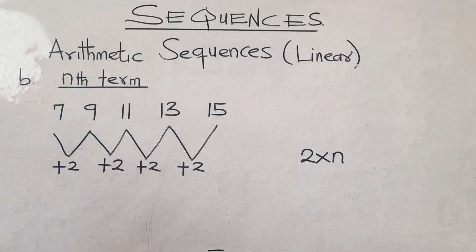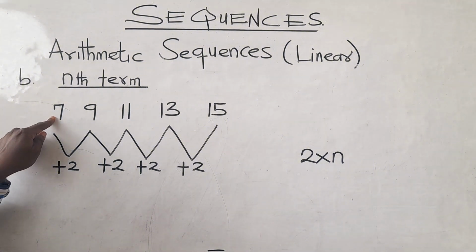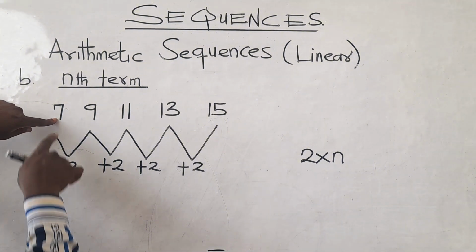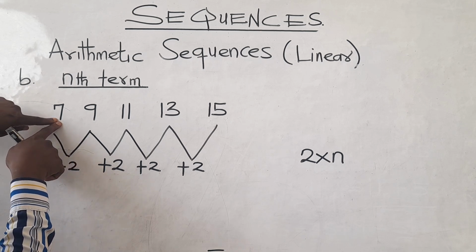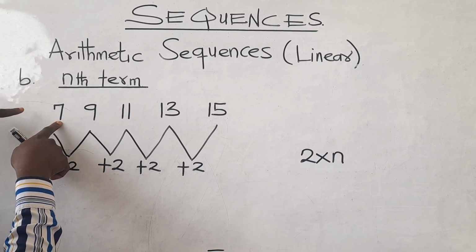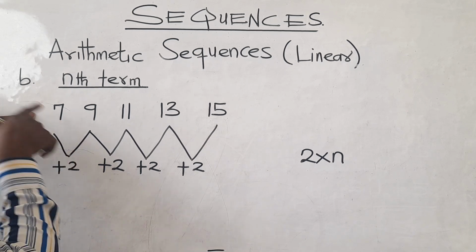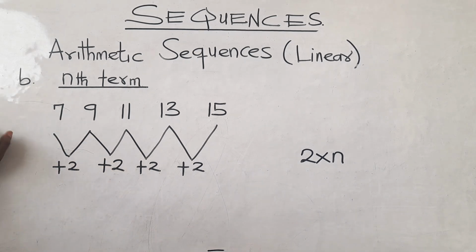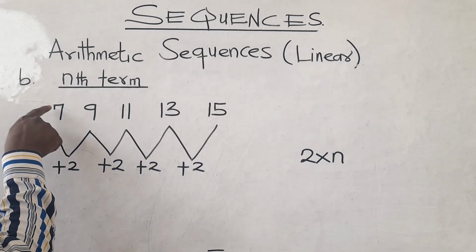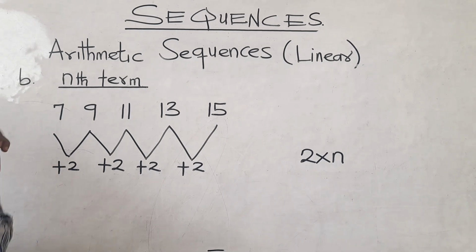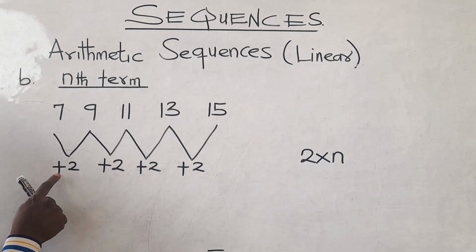Now we ask ourselves, how do we start the sequence? If our sequence starts with 7, what would have been the number that appeared before 7 if 7 was not the first term? What I mean is, if 7 was the second term, what would have been the first term, knowing that the common difference is plus 2?